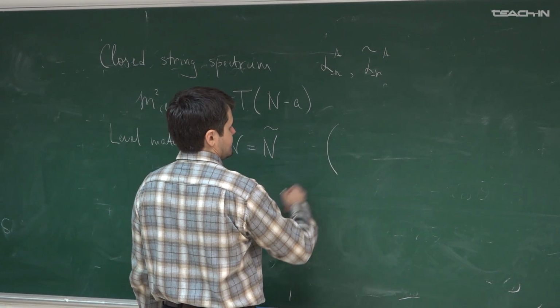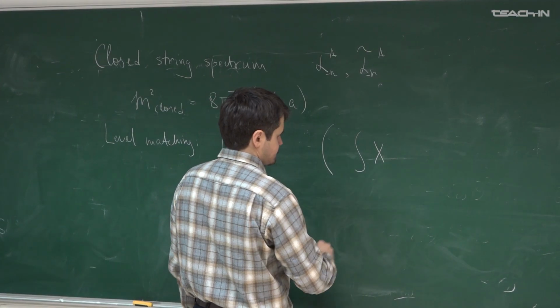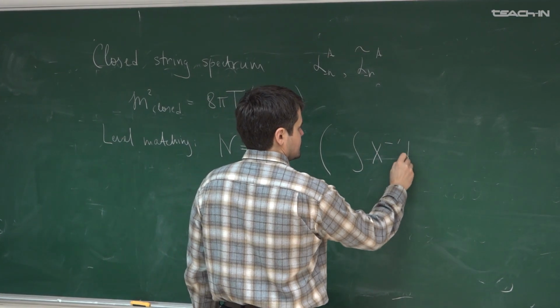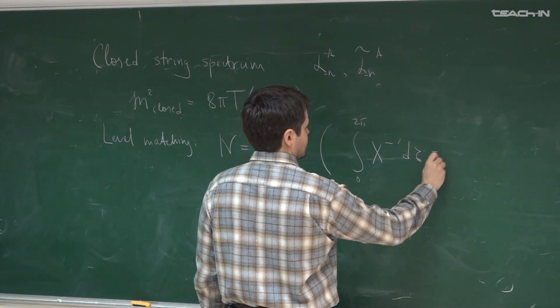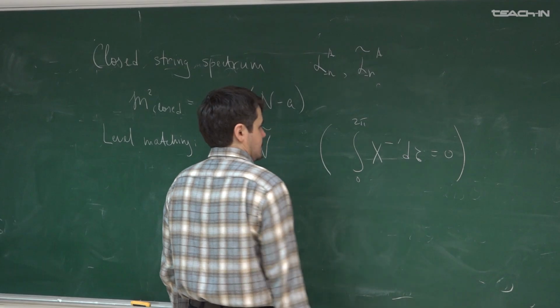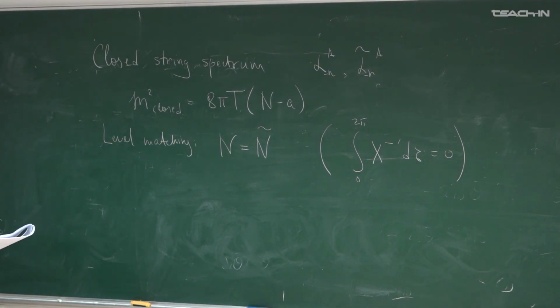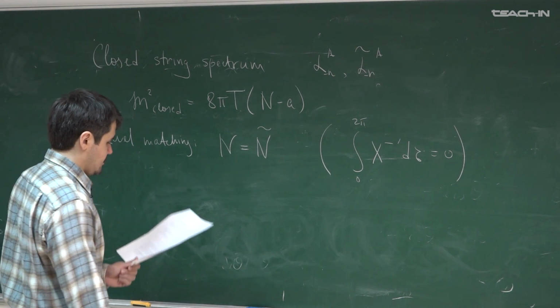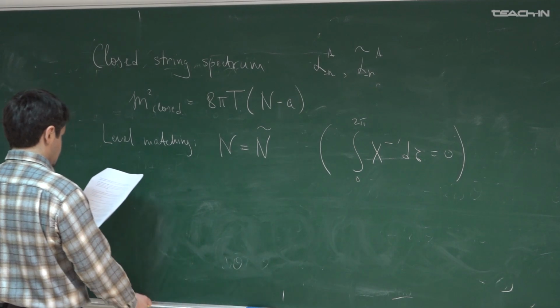This came up from integrating the x minus prime with the sigma, saying that this is periodic, so this is 0. It came from this condition. And well, we discussed some lowest levels, so one still has a tachyon at level 0.